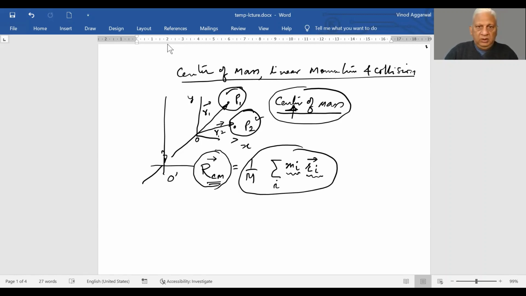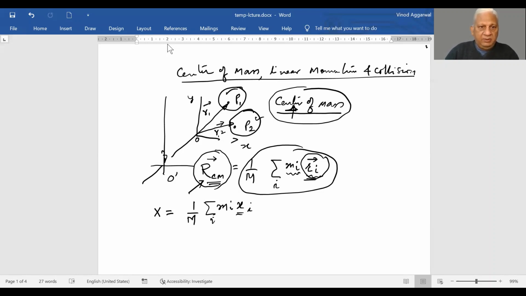Now, this is with respect to position vector Ri. It may not be very easy to find this position vector Ri in this form, but what you can do is break it into i, j, k components. So the x component of the center of mass can be calculated as 1 over the total mass of the body, and then you sum the mass multiplied by its x component.